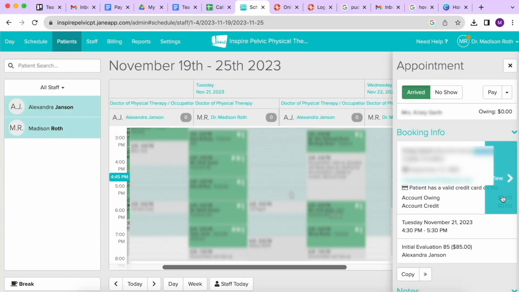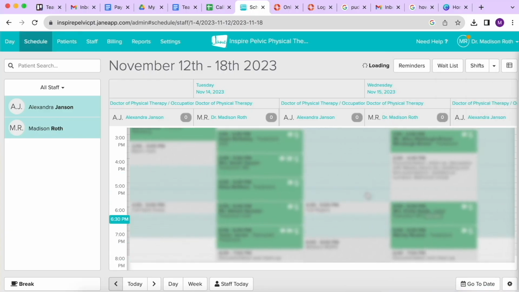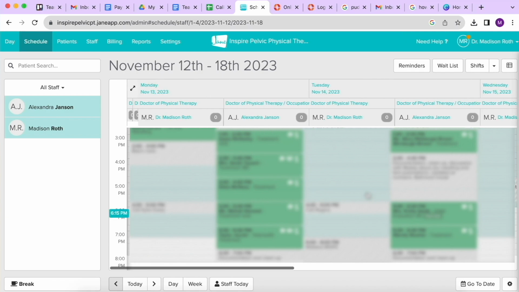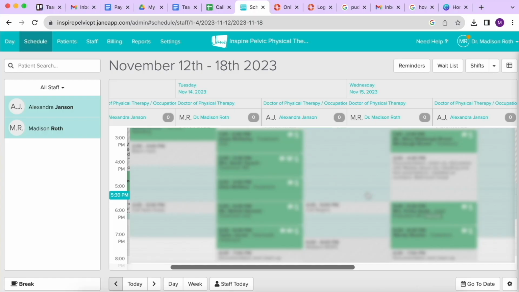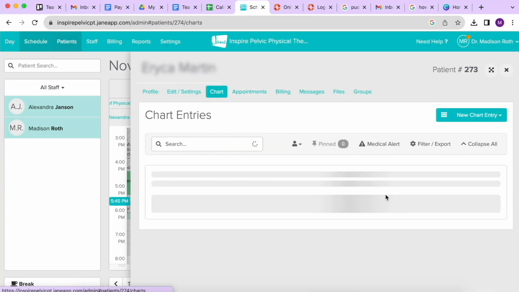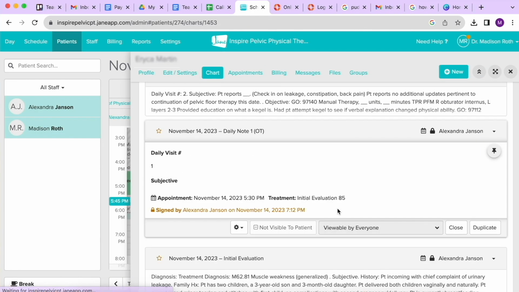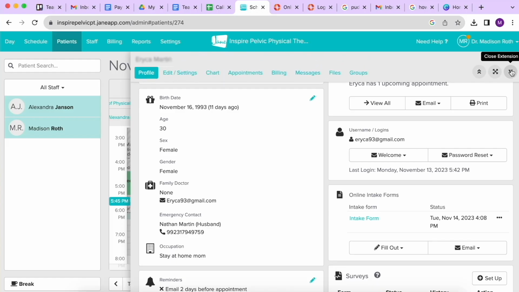This patient actually purchased a package, which we'll go back and talk about in a minute. Let's see if she did any treatments with any of her evals. I think they treated on this one. Nope.